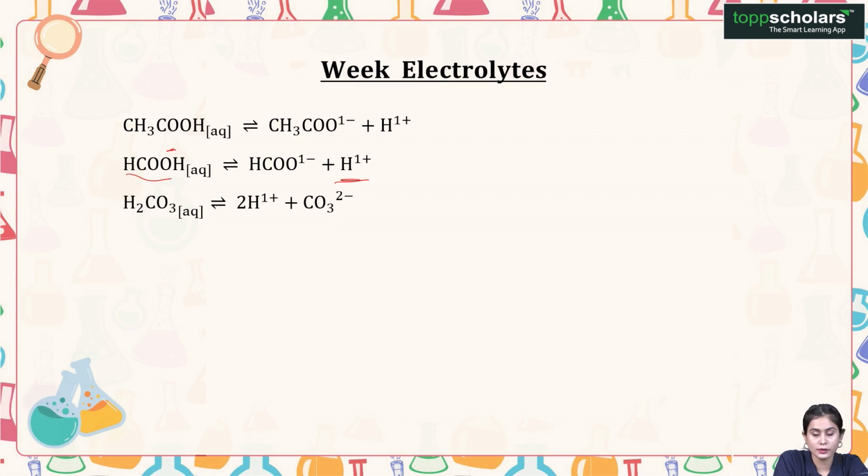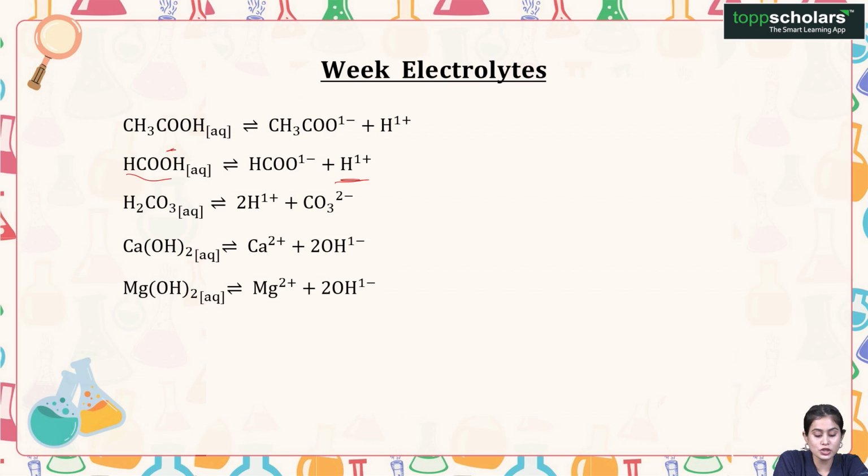This is how your carbonate ion dissociates, okay, CO3 2-. Ca(OH)2 will dissociate to form Ca2+ plus 2OH1-, correct? Mg(OH)2, same, Mg2+ plus 2OH1-.